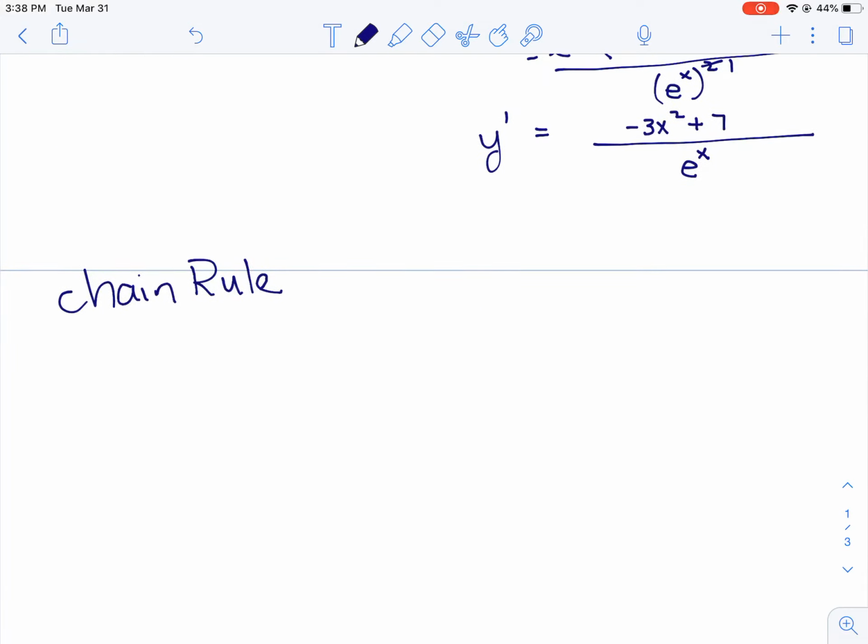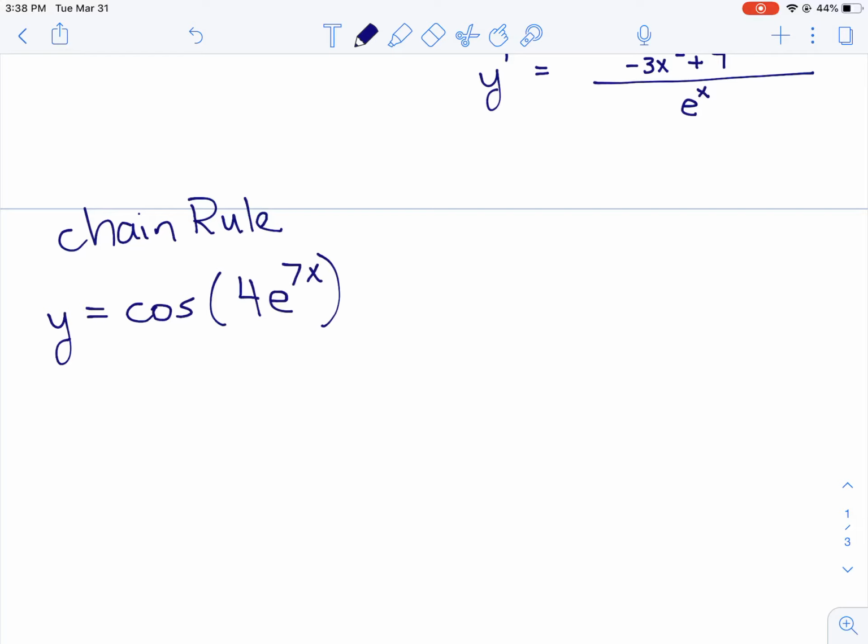So the chain rule, the first one is y equals the cosine of 4e to the 7x. All right, so I take the derivative of cosine. So the derivative of this is minus sine of this mess, 4e to the 7x. And then I have to take the derivative of the inside.